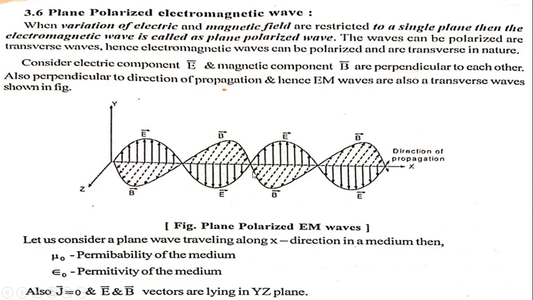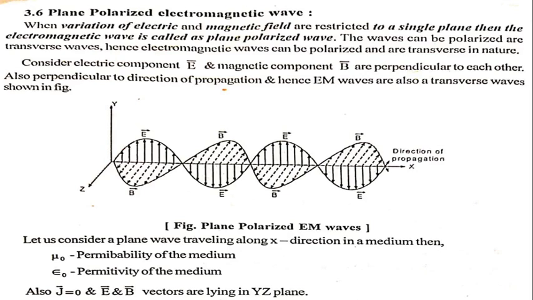So they are perpendicular to each other and also perpendicular to the direction of propagation, and hence electromagnetic waves are also transverse waves.